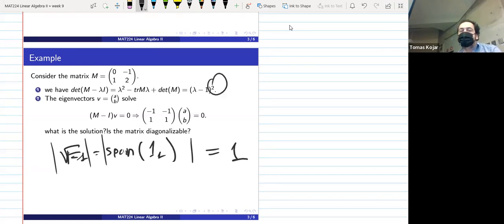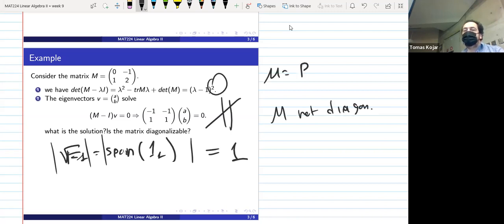But the algebraic multiplicity is 2, and they're not equal. So M is not diagonalizable. That means you cannot write M as P times 1, 1, 0, 0 times P inverse. We'll talk about this later, but it's not diagonalizable.